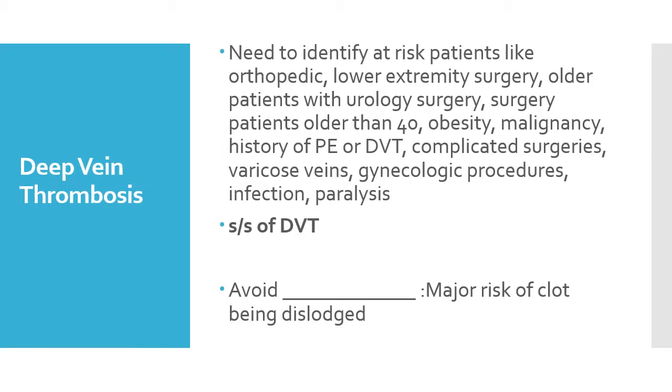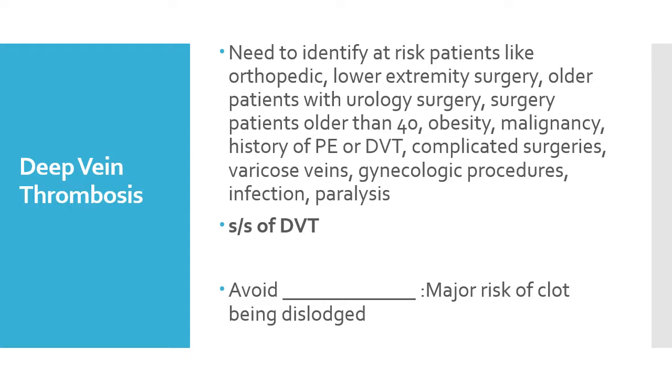Another post-op complication is deep vein thrombosis, or a DVT. You need to identify if the patient is at risk for a DVT. Some examples would be if they're an orthopedic surgery, if they're older patients, if they're obese, if they've had complicated surgeries, if they've ever had a DVT in the past.